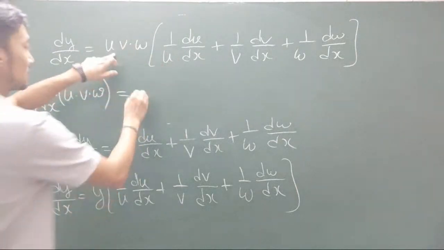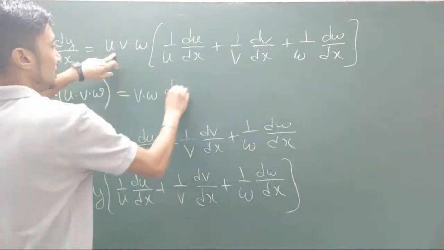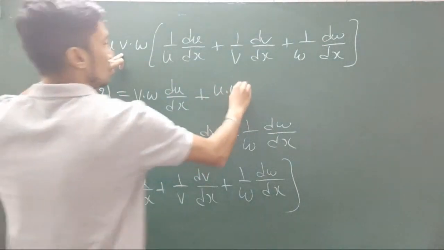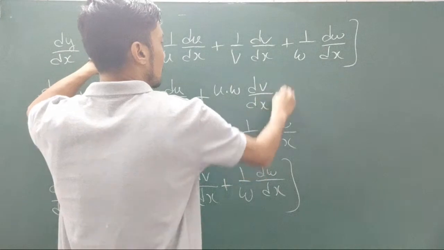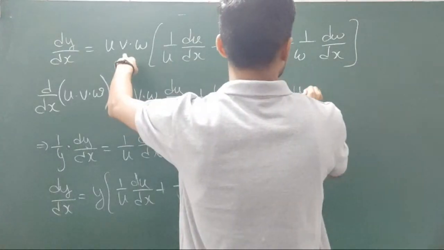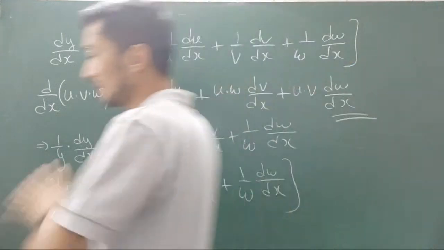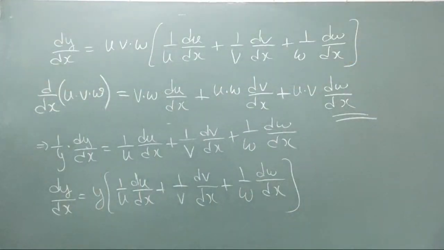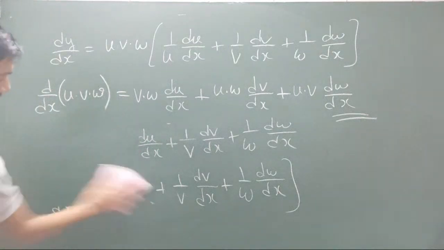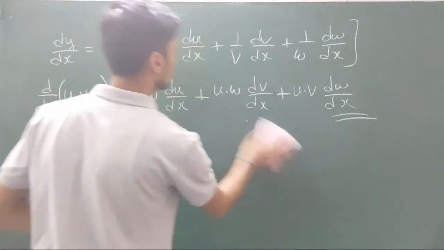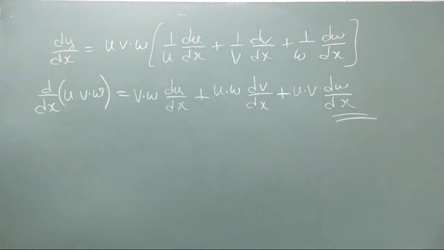Multiplying, u cancels, you will have v into w du by dx. Plus here v cancels, you will have u into w dv by dx. Here w cancels, you will have u into v dw by dx. Done, proof? Happy? Satisfied? So that's it for logarithmic differentiation.